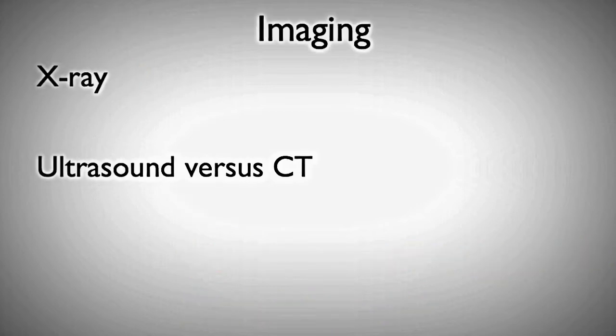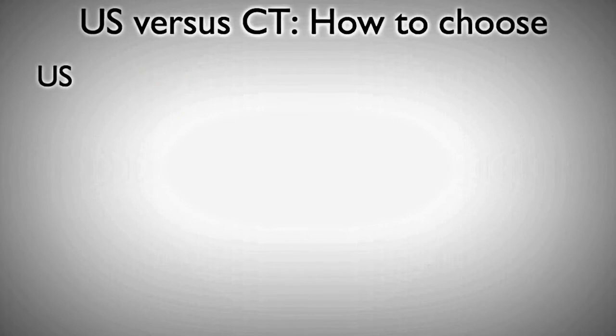Let's move on to imaging. There's no role for X-ray unless there's a suspicion for bowel obstruction or a foreign body. Really, for appendicitis, the imaging choice boils down to between ultrasound and CT. How do these tests compare and how do we choose? Ultrasound will give us the answer whether there is appendicitis or not in about 80% of the patients.